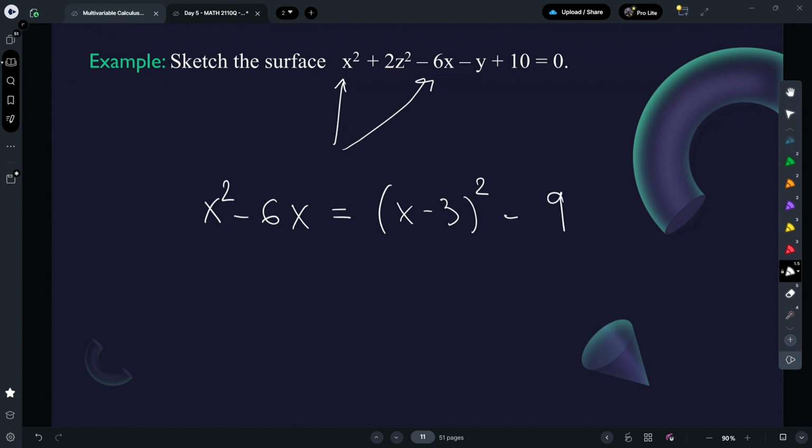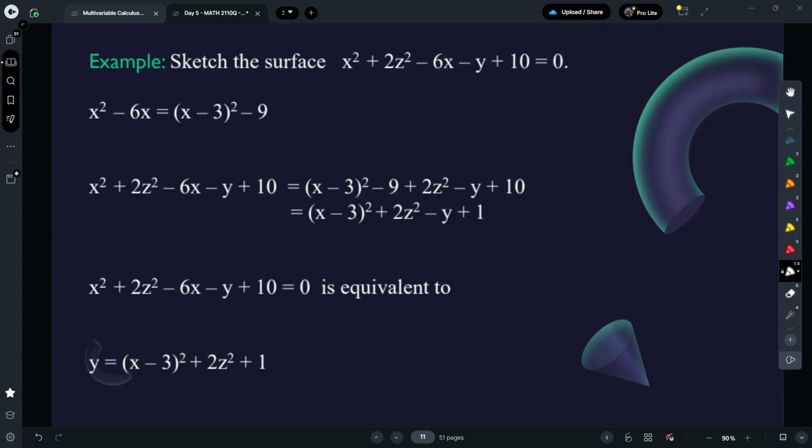You can review how to complete the squares, but you can complete the square in x, for example, here, to come up with what equation that would be, and I've done this in the slide, and these slides I will post online, so you can see what happens. I can complete this square, and using that completion of the square, I can simplify this to this form, and therefore this graph is equivalent to this other graph.